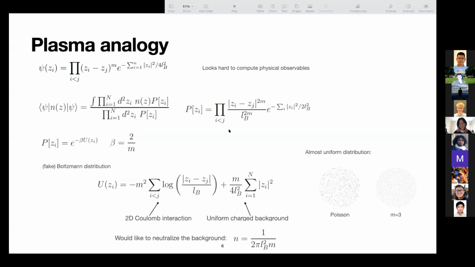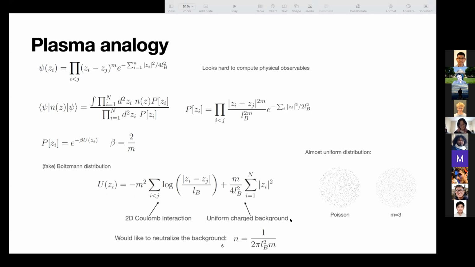But this actually looks a little bit familiar if we rewrite this probability distribution as some kind of fake Boltzmann distribution with some fake temperature. Then the fake potential U can be written in terms of these.